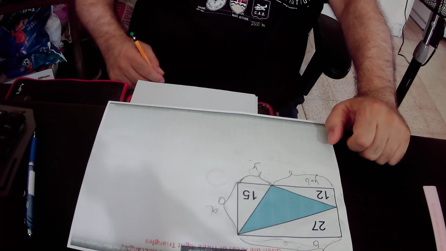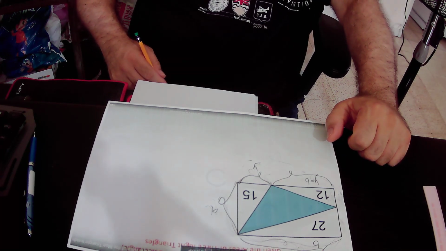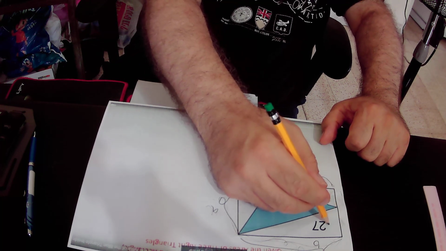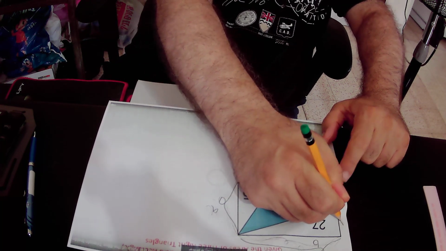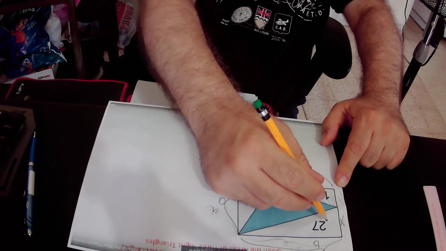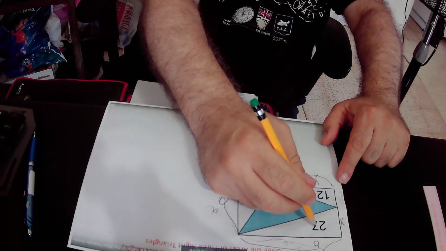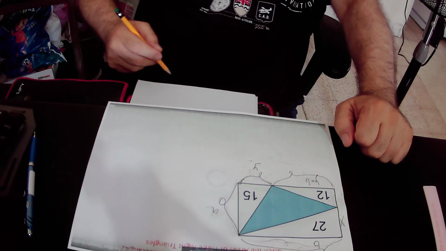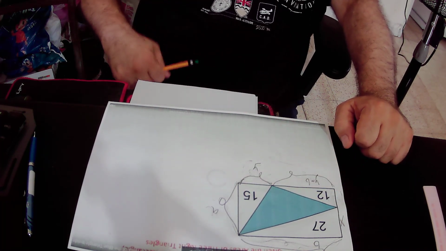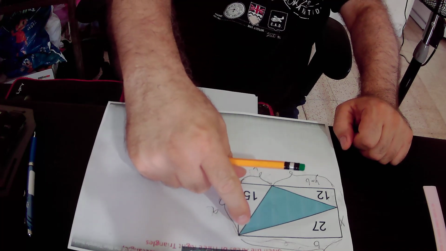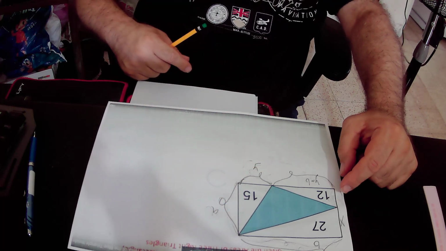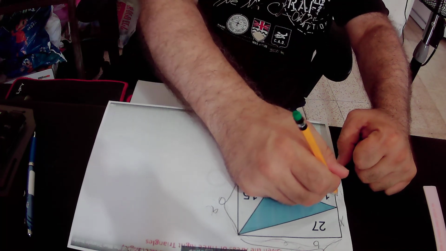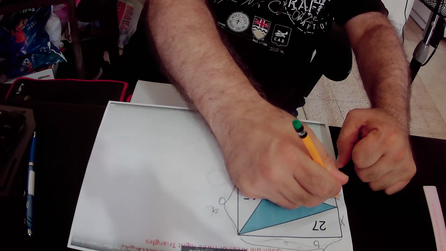In the same way, we will define the height of this right triangle as X. So the height of the triangle whose area is 27 units will be defined as X, and A minus X will be the height of this triangle.